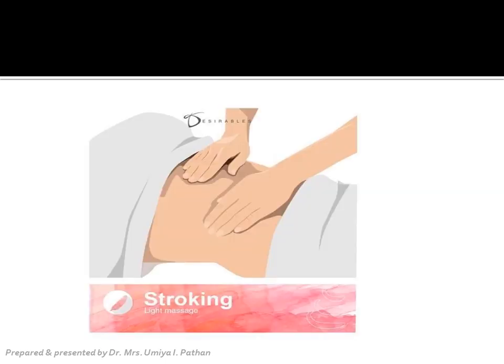See, in this picture, the therapist is using both hands for giving stroking manipulation. Don't be confused between stroking and effleurage. Stroking is a totally superficial manipulation, and in effleurage we apply pressure.